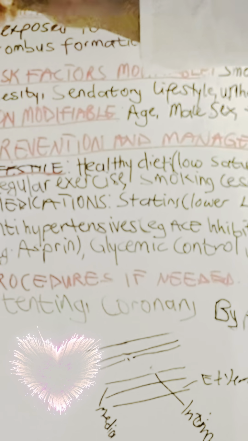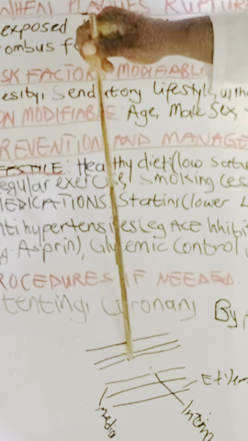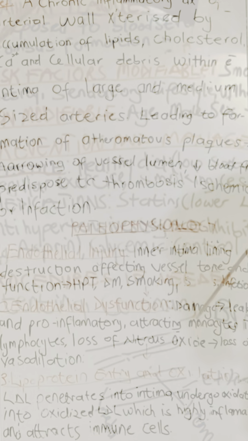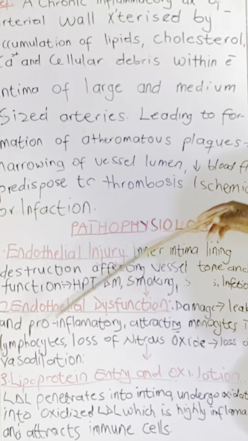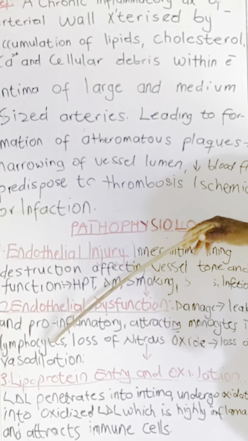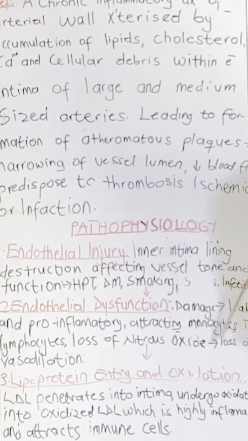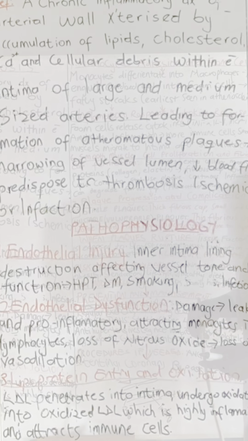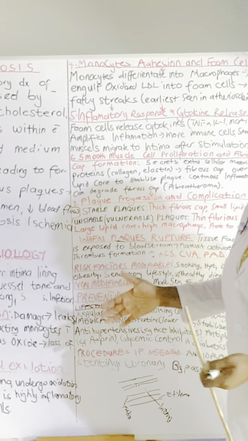Why? Because the inflammatory response that this injury has initiated is going to attract monocytes and lymphocytes. These monocytes and lymphocytes coming in are going to lead to loss of nitric oxide. And obviously, this will progress to loss of vasodilation. So, no nitric oxide, no vasodilation.